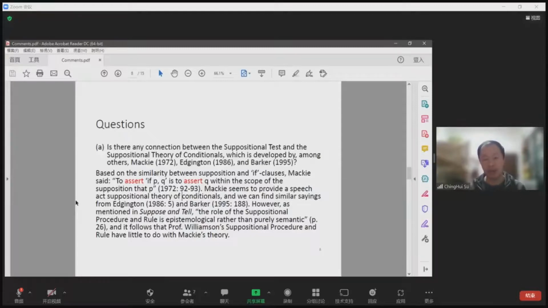However, as mentioned in Professor Williamson's book, Suppose and Tell, the role of the suppositional procedure and rule is epistemological rather than purely semantic. It follows that Professor Williamson's suppositional procedure and rule have little to do with Mackay's theory. And I wonder if there is any relationship between these two.